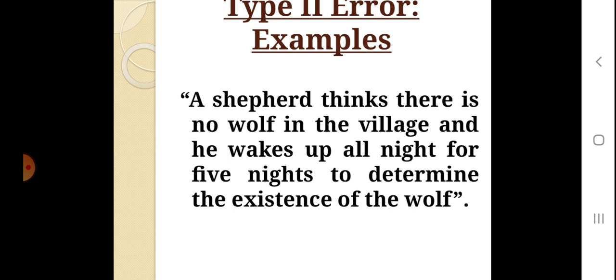If he sees no wolf for 5 nights, he might assume that there is no wolf in the village, where the wolf might exist and attack on the sixth night. In this case, when the shepherd accepts that no wolf exists, a type 2 error results, where he agrees with the null hypothesis even when it is not true.